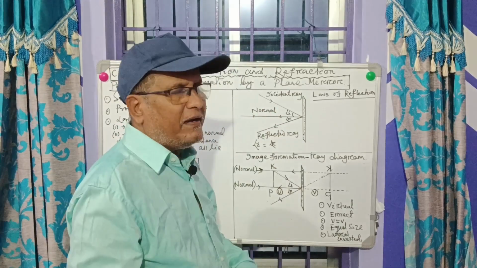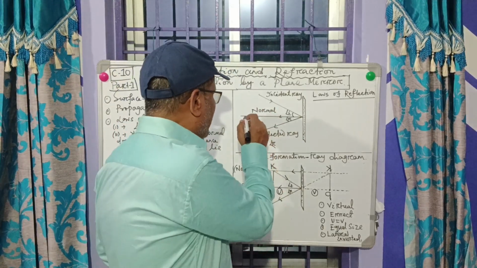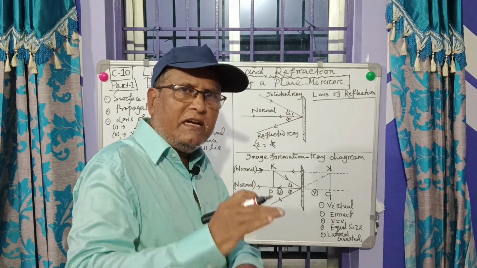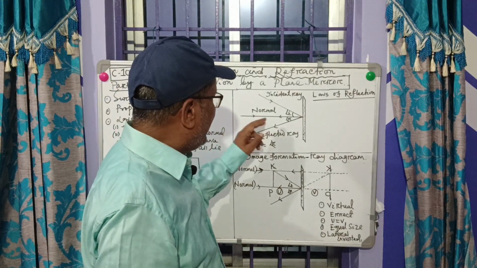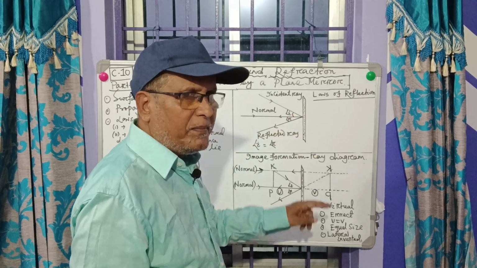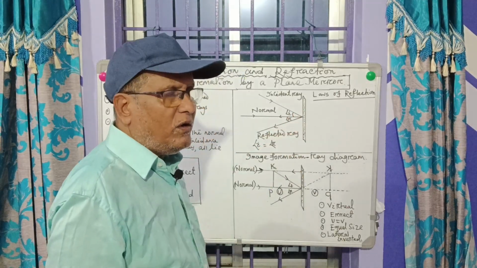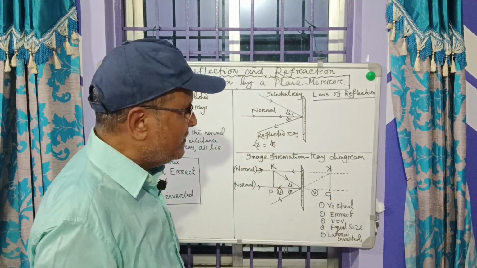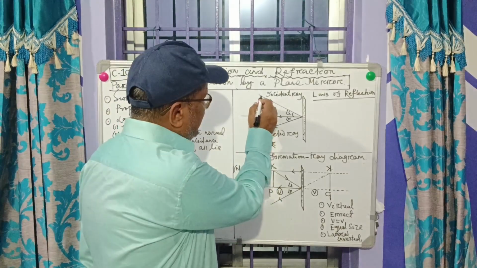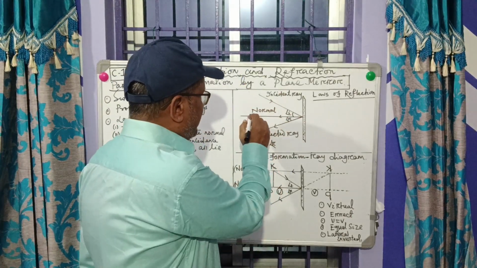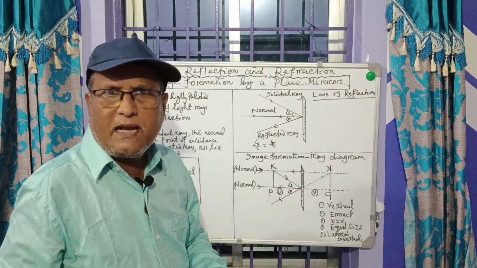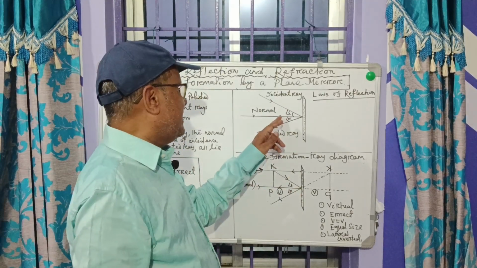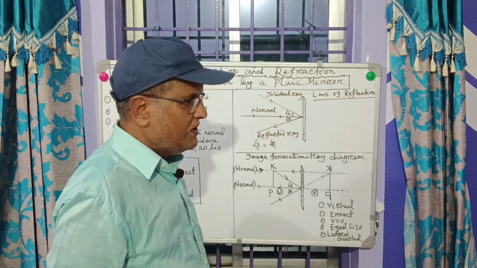So it doesn't make an angle, and the lines coincide with each other. The perpendicular drawn to the point of incidence is called the normal. Now you see the incident ray and the normal create an angle. This angle is known as the angle of incidence.